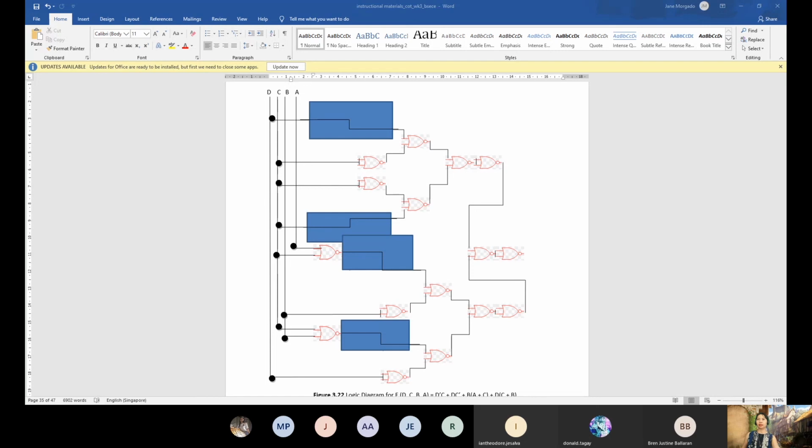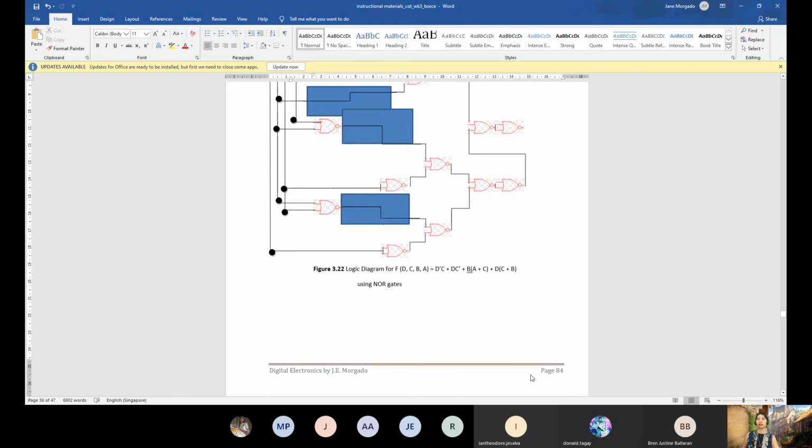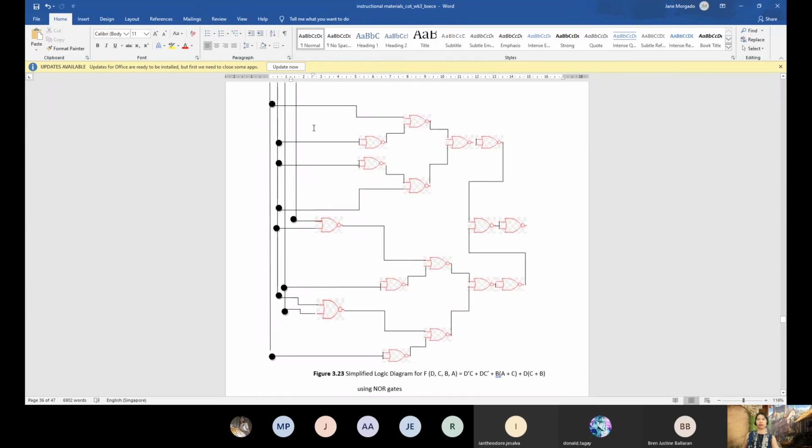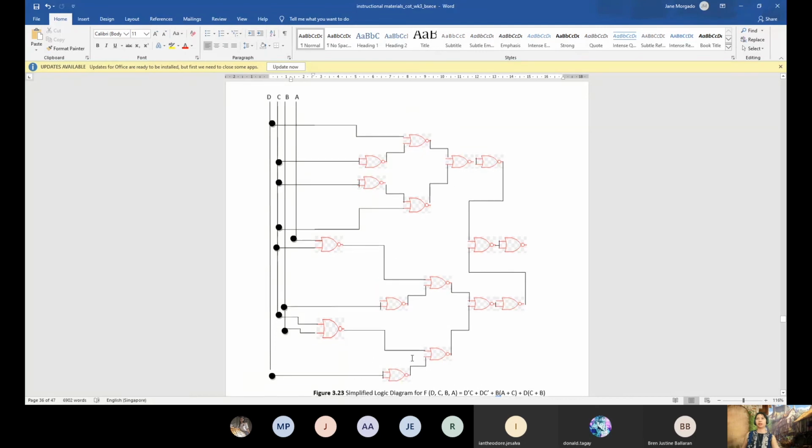Then, let's continue. So here is now the circuit with the inverters removed. As you can see, we just simply remove the inverters and then connect the line, so it forms a bypass line. So what's left?